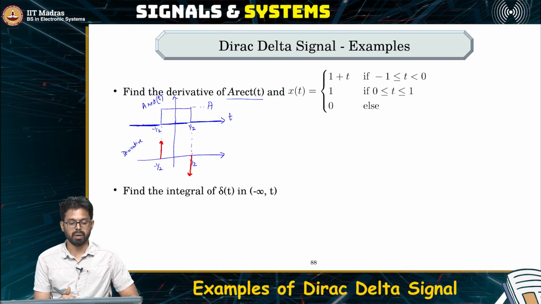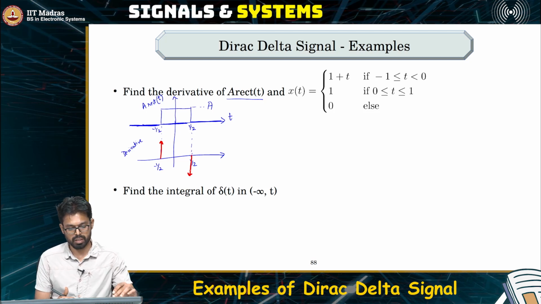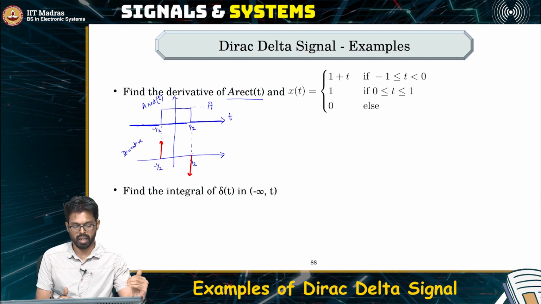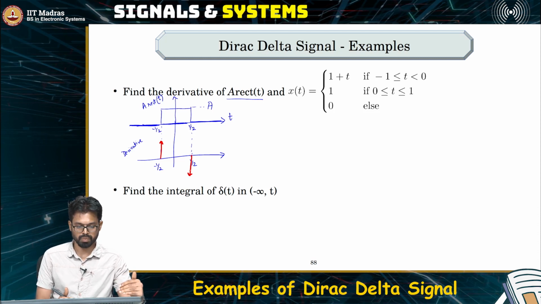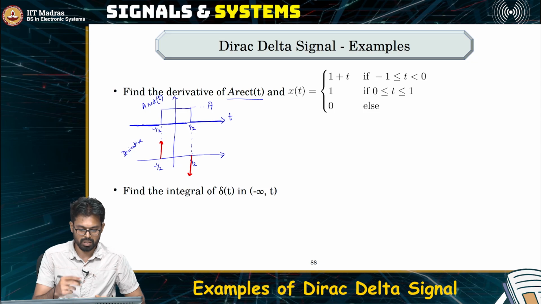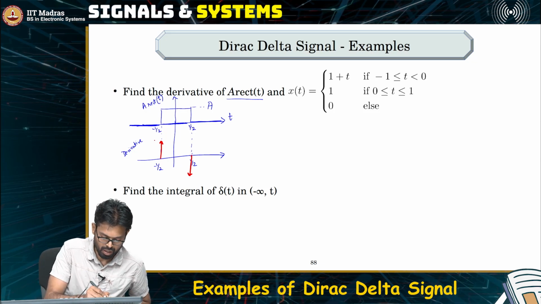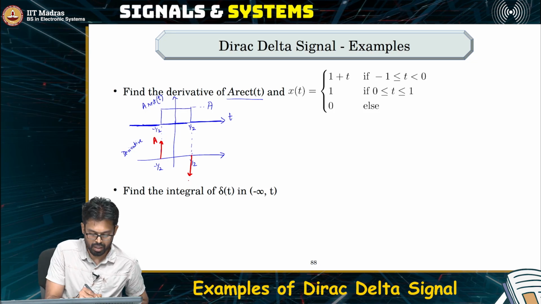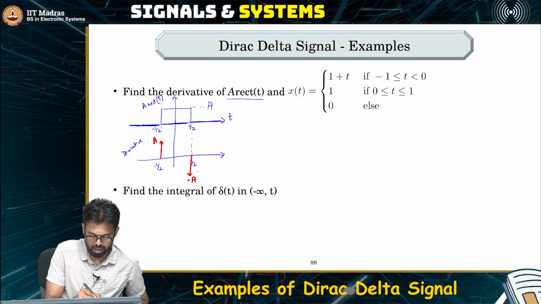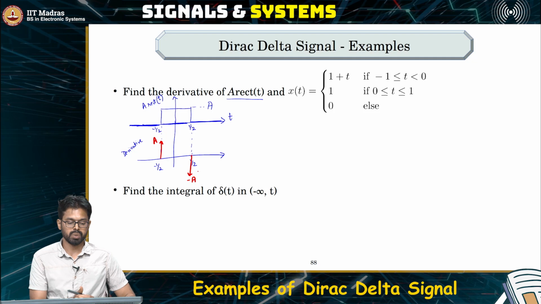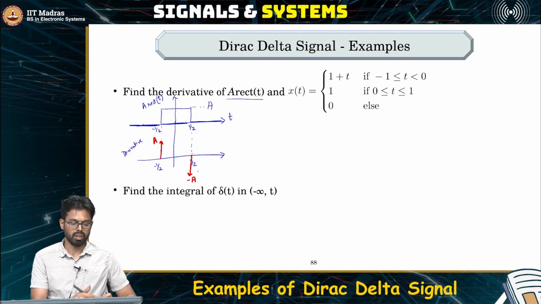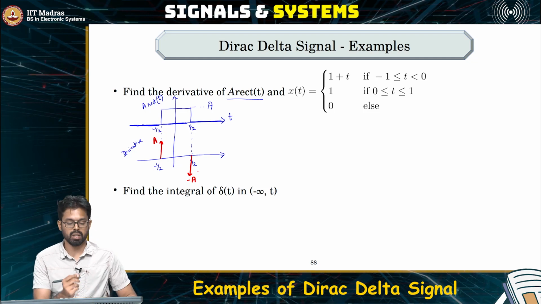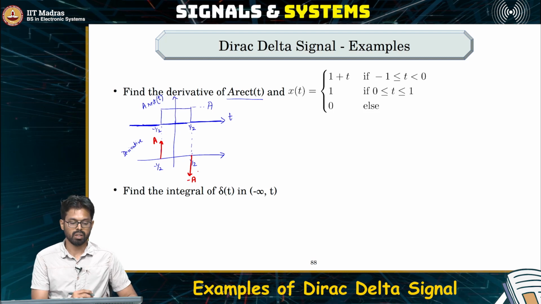Now, what is the area? The signal went to plus a from 0, which means this area here has to be plus a, and this area here has to be minus a. Remember, for the step function it went from 0 to 1 and hence the area was 1, but here it's going from 0 to plus a, so the area has to be plus a here.